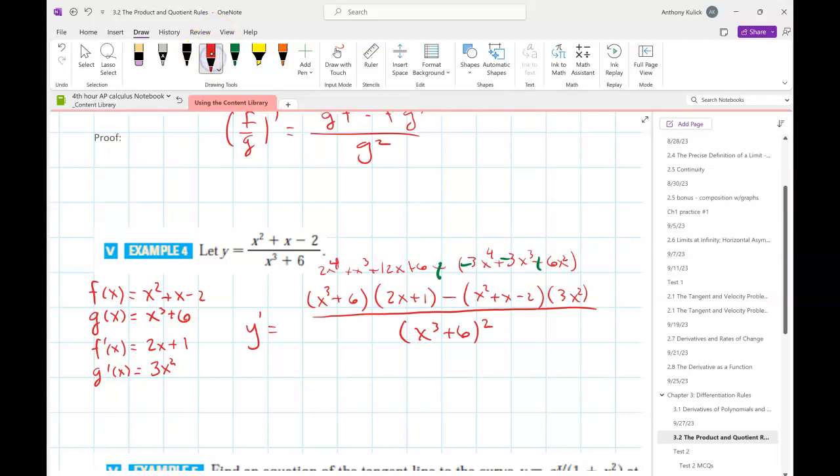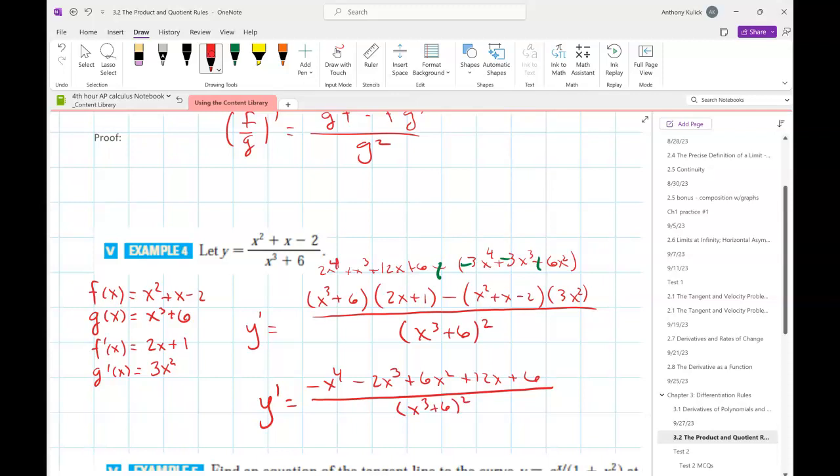So my multiple choice solution should be, let's see, I have 2x to the fourth, negative 3x to the fourth, so that'd be negative x to the fourth. I have 1x cubed minus 3x cubed, minus 2x cubed. Then I have plus 6x squared plus 12x plus 6 all over this mumbo jumbo.